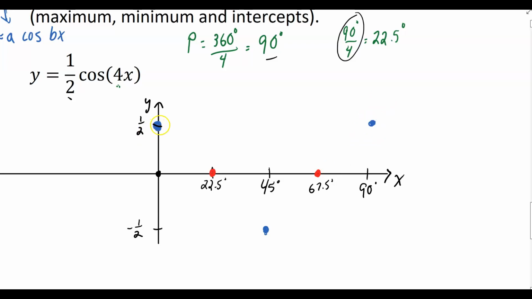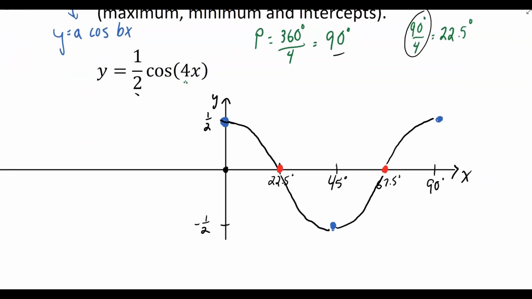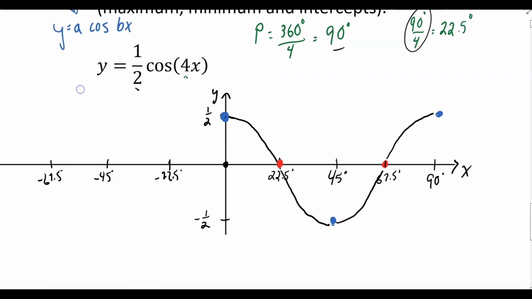So the graph levels off, is steep at 0, and levels off. Now if you would like to continue that on the other side of 0, get the same spacing: minus 22.5, minus 45, minus 67.5, and we'll squeeze that in here, minus 90.